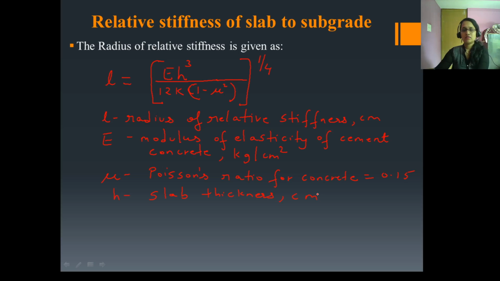And K is the subgrade modulus or the modulus of subgrade reaction, whose unit is kg per centimeter cube.